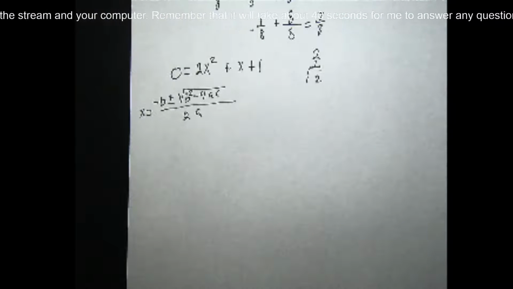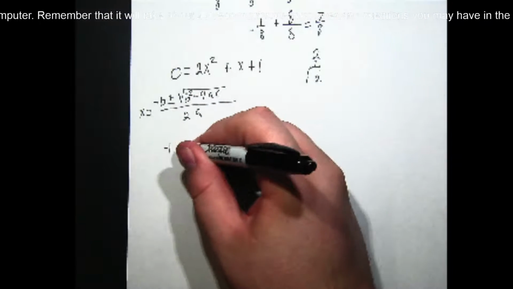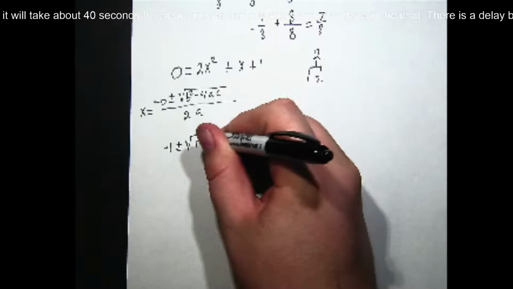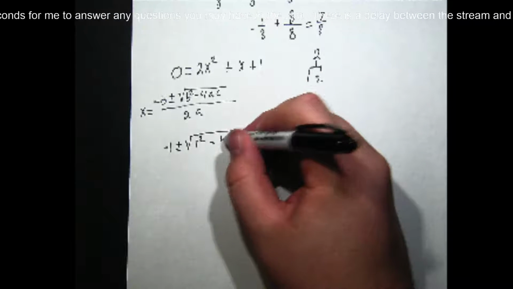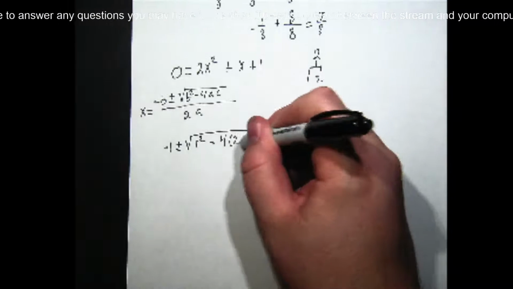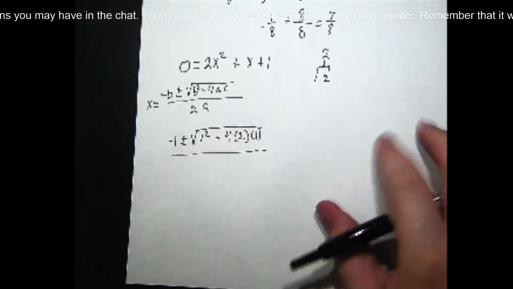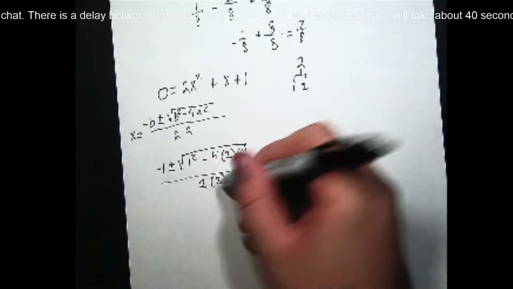Okay, so b is 1, so we've got negative 1 plus or minus the square root of 1 squared minus 4 times a, which is 2, times c, which is 1, all over 2 times a, which is 2.